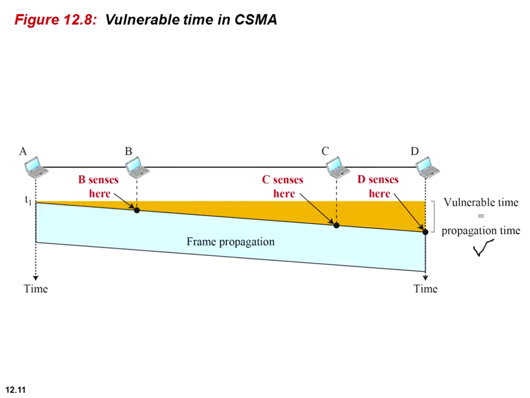But if the first bit of the frame reaches the end of the medium, every station will already have heard the bit and will refrain from sending. Figure 12.8 shows the worst case. The leftmost station, A, sends a frame at time T1, which reaches the rightmost station, B, at time T1 plus TP. This area shows the vulnerable time in time and space.